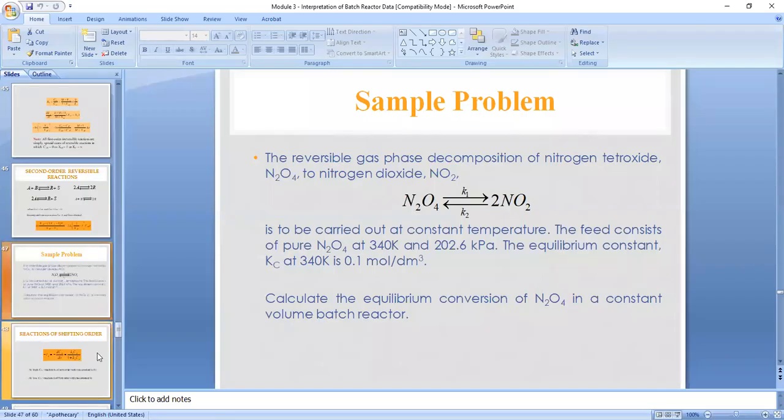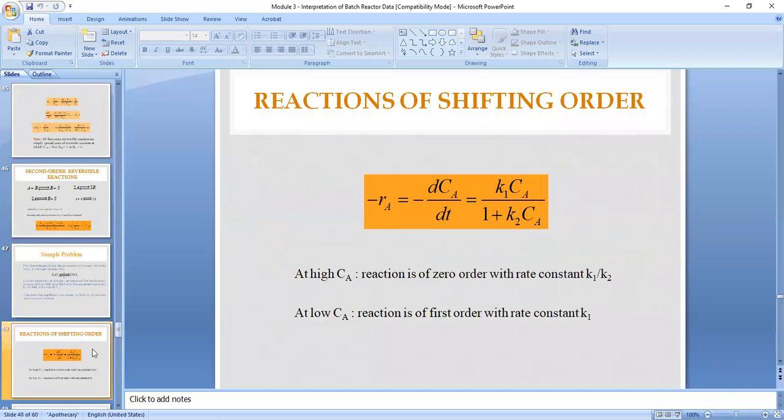Now, there is this what we call reactions of shifting order. How will the order of a particular reaction, especially non-elementary, be shifted when a particular concentration dominates another? A concentration of a species in which that particular rate of reaction is dependent on.